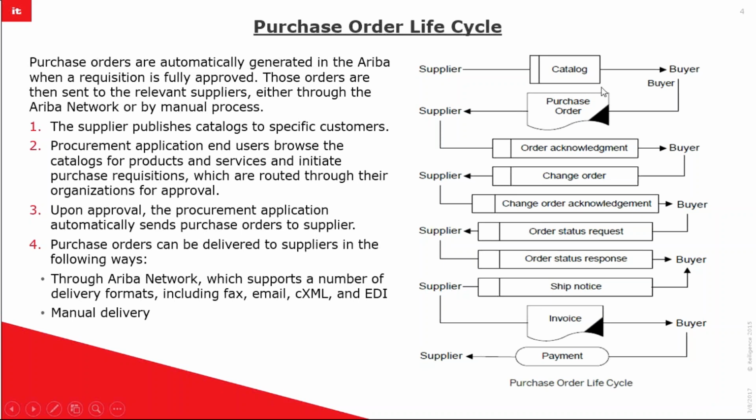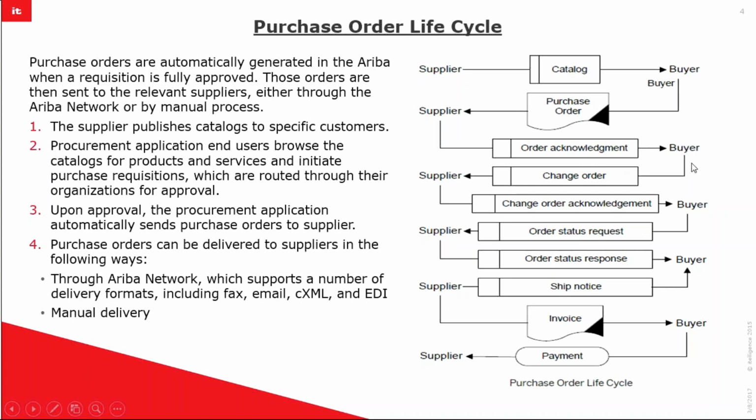After the PO is created, it will go to the supplier. Once the supplier receives the PO, he gives the order acknowledgement as an order confirmation. Previously order rejection was not there, but now he can even reject the order. So that is nothing but order confirmation or order rejection.